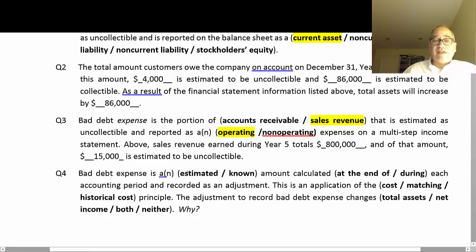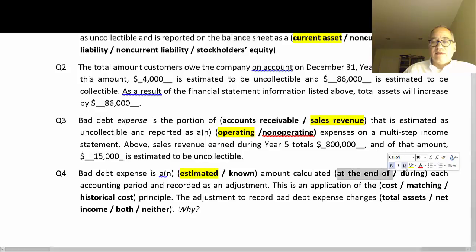Bad debt expense is an estimated amount calculated at the end of each period. Just as a matter of routine, it's done that way. And this is an application of what we call the matching principle.